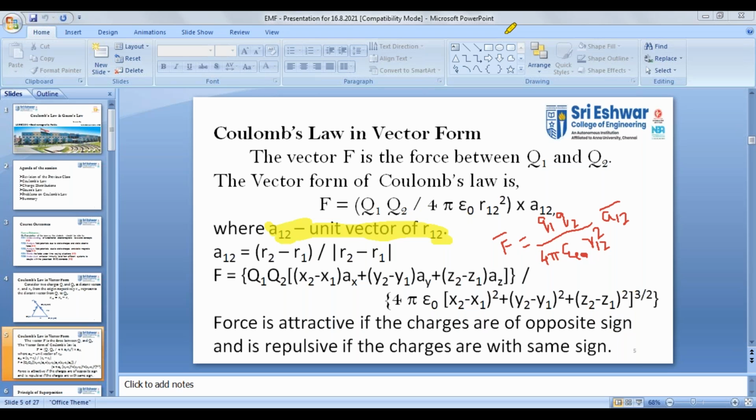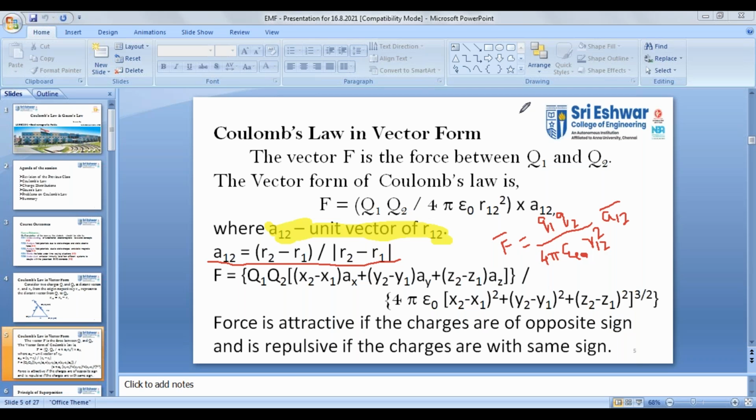And what is that A12? That also matters. See this particular formula. A unit vector normally will be given by what formula? R vector divided by modulus of R vector. Am I right?